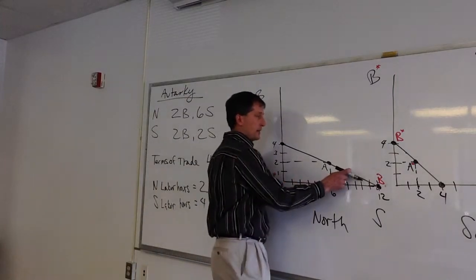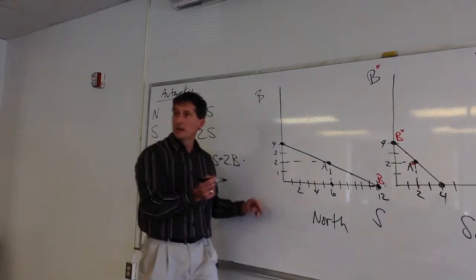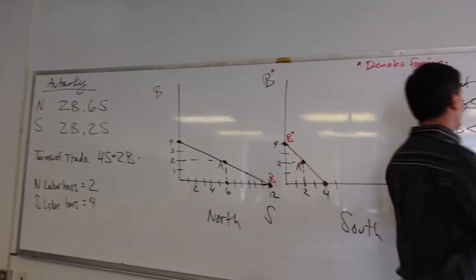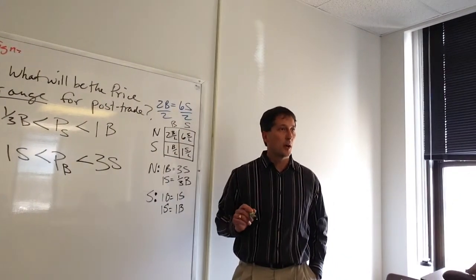So they have to give up 3 shirts to get a bread. If they can pay less than 3 shirts, we've got ourselves a market.